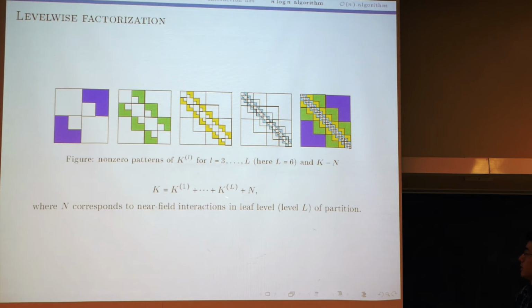We know that for each KL, the complexity to compute KL times Q is linear.